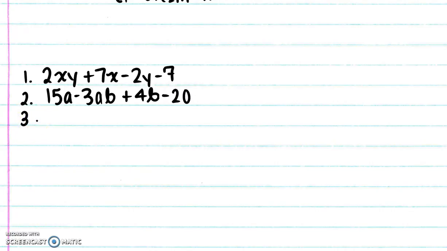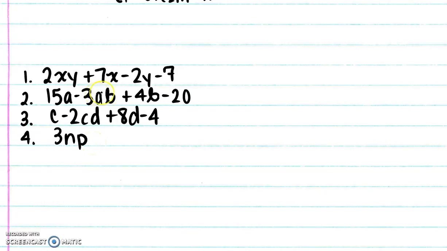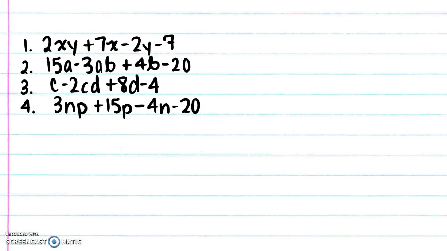And let's see, c minus 2cd plus 8d minus 4. And let's do one more. 3np plus 15p minus 4n minus 20. All right, have fun factoring.